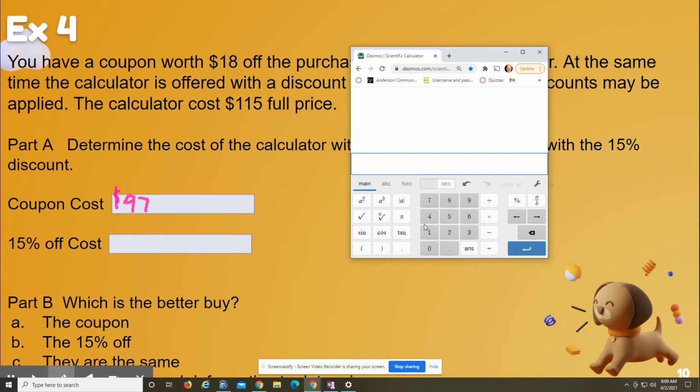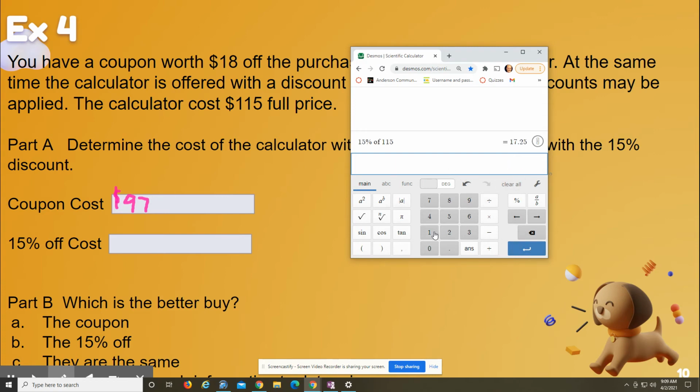So what you do, you take 115 and you multiply it by 15%. 15% of 115 is 17.25.